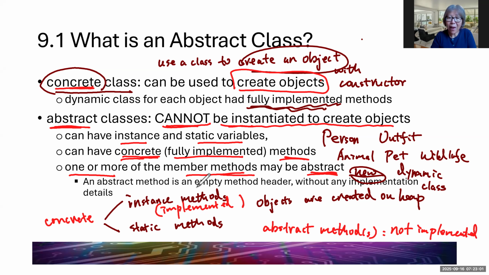It only has a header, but no implementation. So abstract and concrete classes have quite a lot of similarity. The difference is that an abstract class cannot be instantiated to create objects, and an abstract class must have an abstract method, a method that only has a header but is not implemented. That's the key idea.